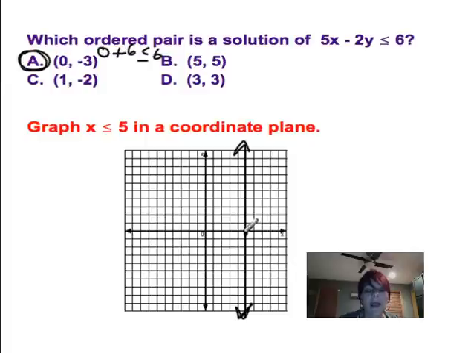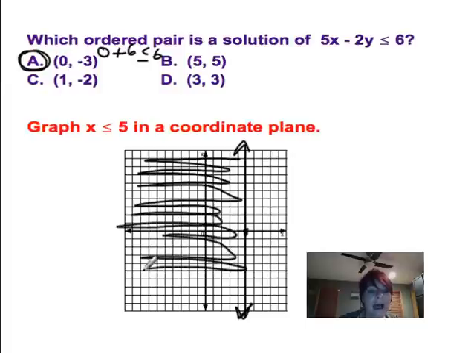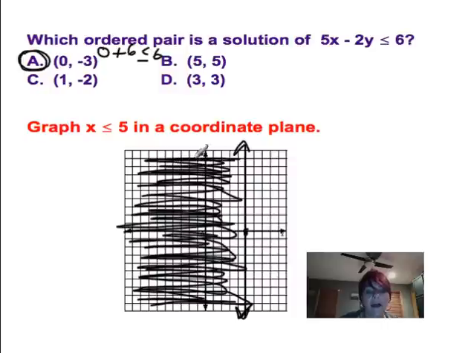Well, at x equals 5, x is getting smaller to the left. So what I would have to do then is shade in this whole side of that line, because x is going to be less than 5 on this side of that line. Okay, so for inequalities, we should be doing some shading.